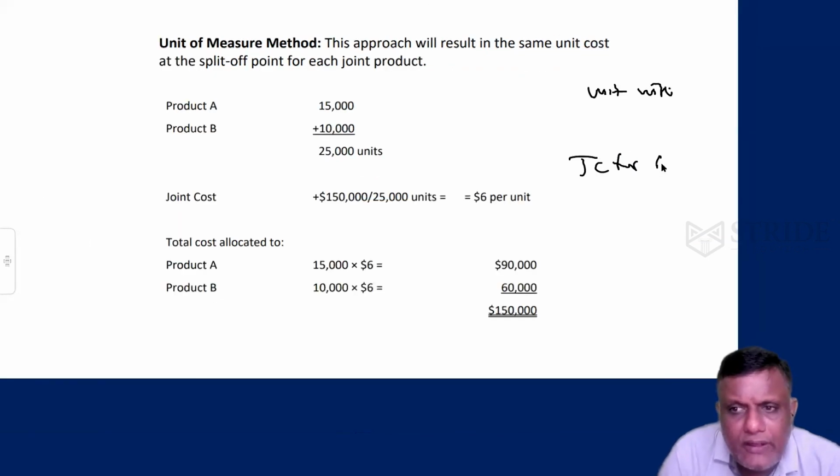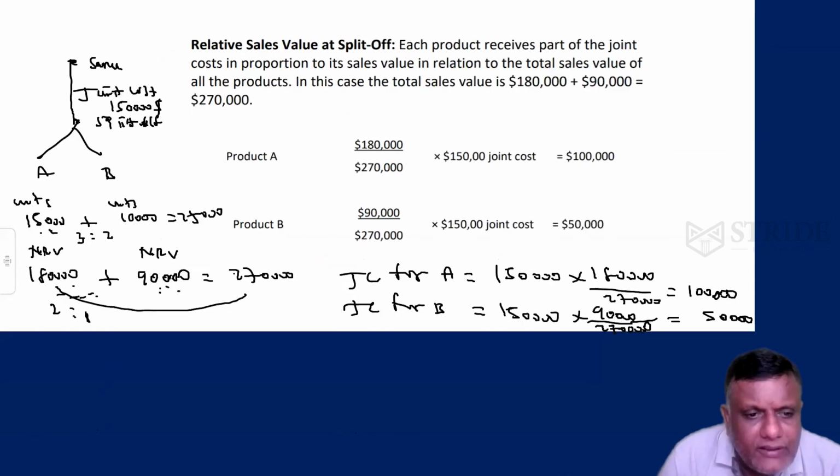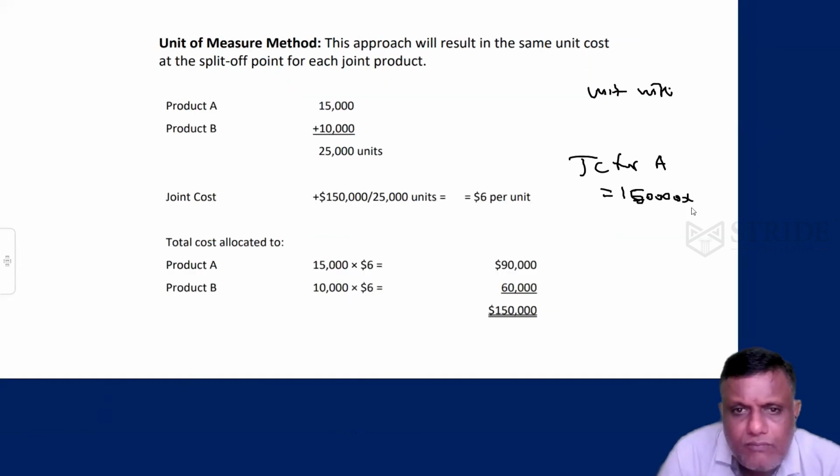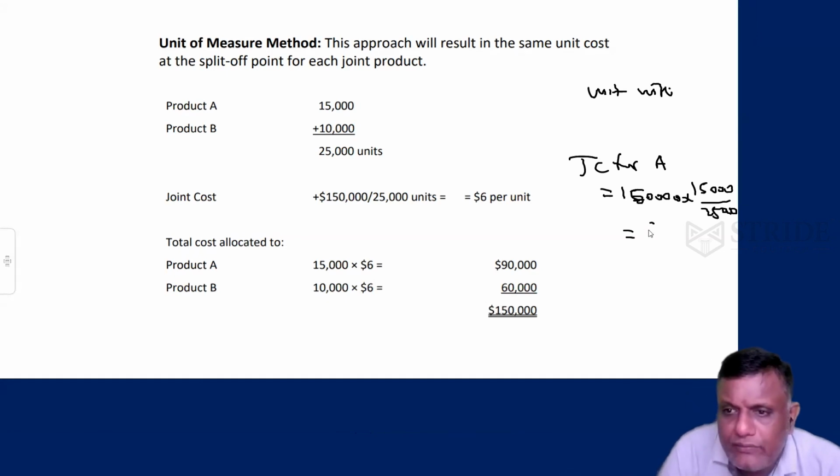The joint cost for A is equal to 150,000 into 15,000 by 25,000. Please check it out. So 150,000 into 3 by 5 is equal to 90,000.